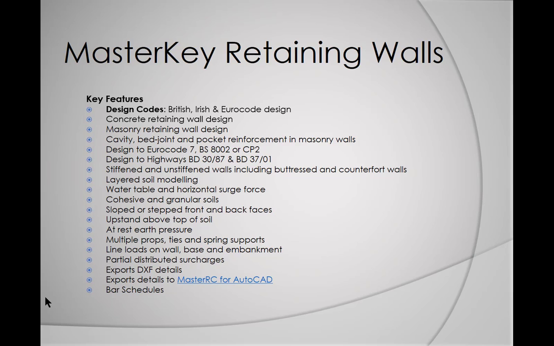We've just seen design to EuroCode 7, 8002 and good old-fashioned CP2, and highways to the 2 BD documents. We've looked at stiffened and unstiffened walls, buttressed or counterforted, and layered soil materials. And we've looked at cohesion and granular soils, sloping backs and fronts, upstands, at rest. So we have looked at a lot of details.